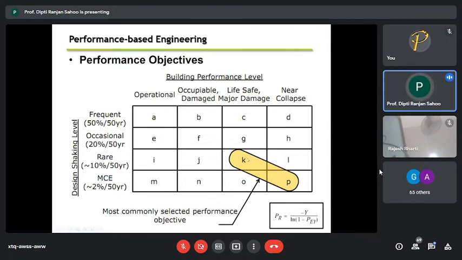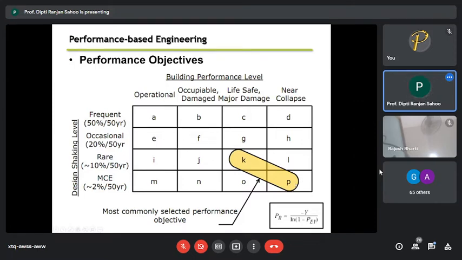That is, there is major damage, but it can be reused after repair and retrofitting. And if there is a maximum considered earthquake, it's nearly collapsed. So if I take these performance objectives, mostly the diagonal one: frequent, operational; occasional, immediate occupancy; rare, life safety; very, very rare, nearly collapse.